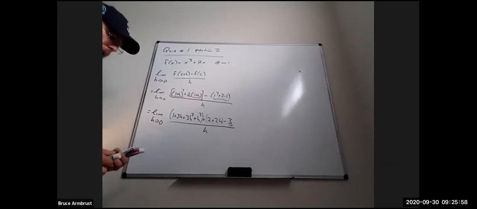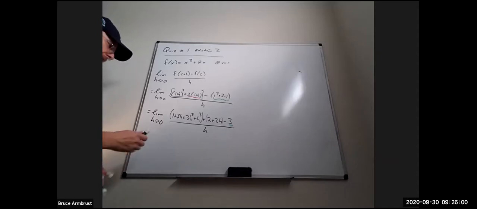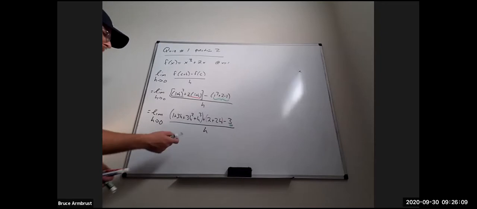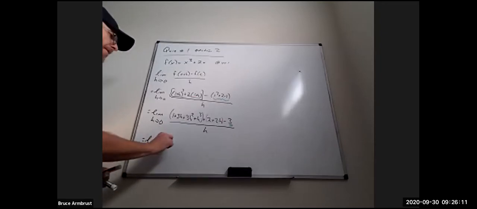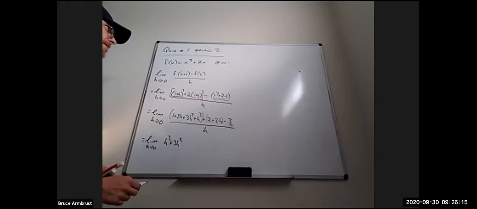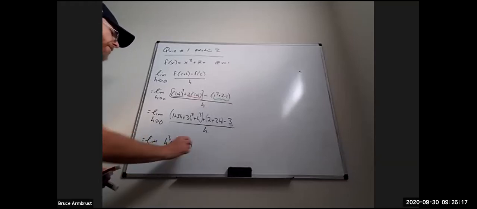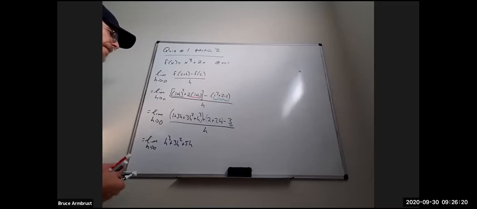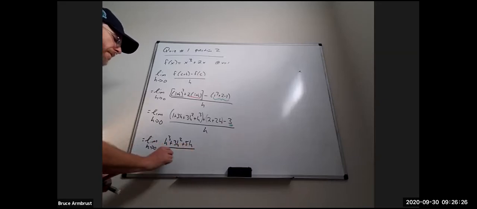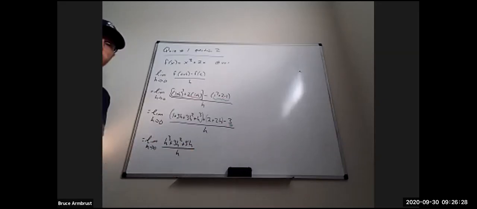All right, so I just did all that algebra crazy fast. Now let's simplify this. We get the limit as h goes to 0 of, well, let's group them by terms: h cubed, 3h squared, and 5h. In terms of the constants, I get 0. So that's everything on top, and that's still divided by h.